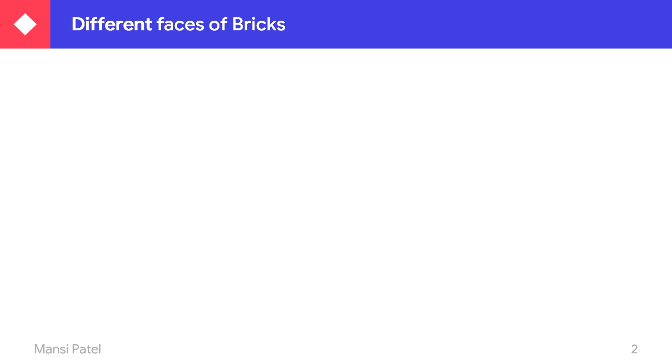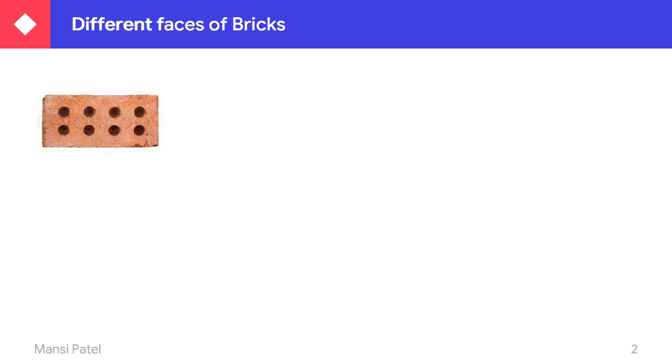Let us see the different phases of brick. As we already studied, the shape of brick is like a cuboid and the cuboid has 6 faces. So the brick also has 6 faces. Let us see which are they.